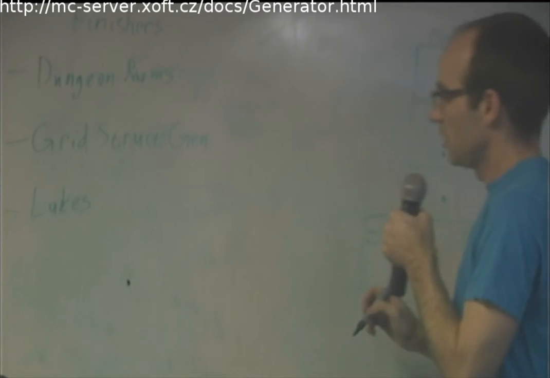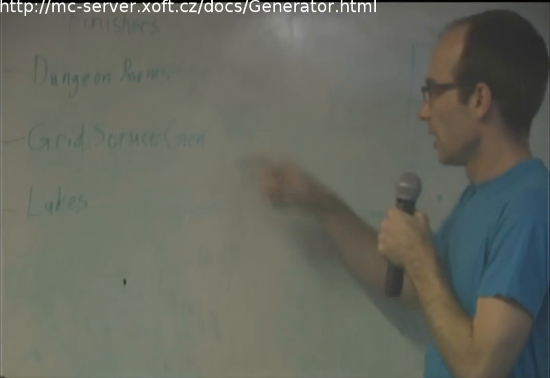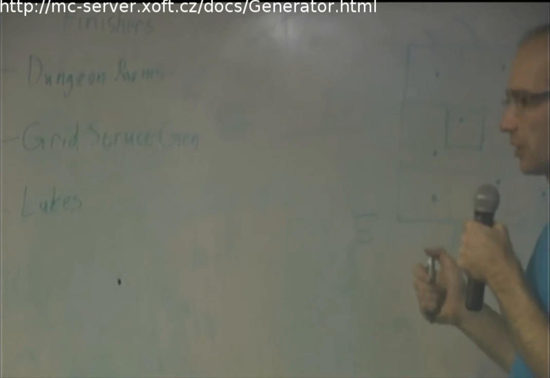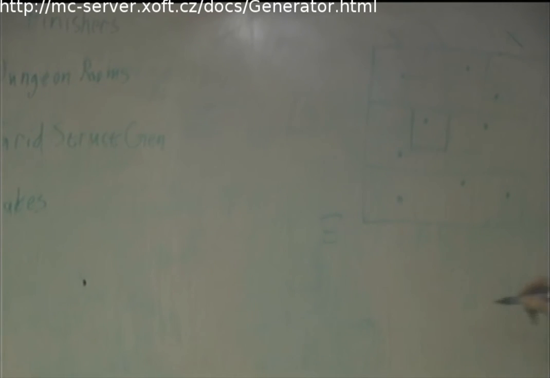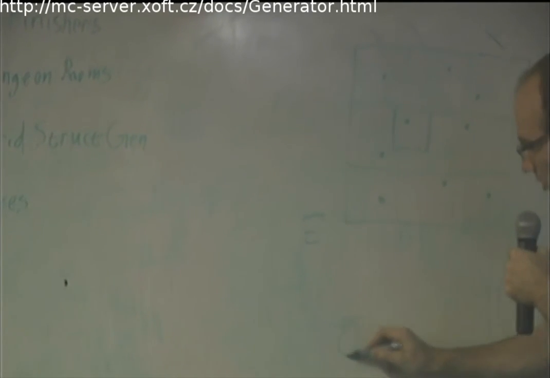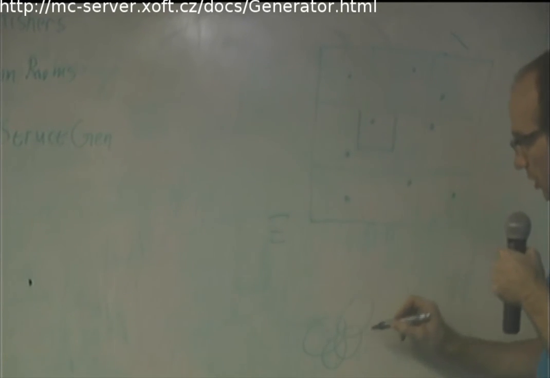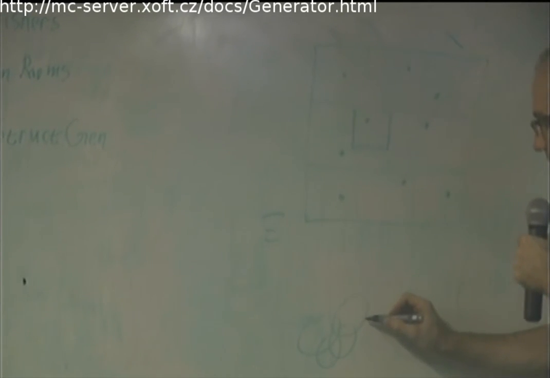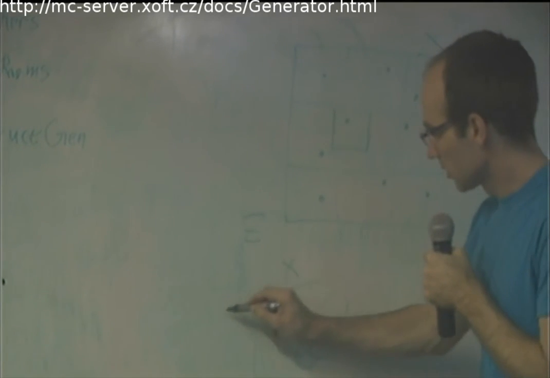This is one of the easier ones. Just like dungeon rooms, it picks a random spot in a chunk and generates a lake around it. A lake means I think 3 or 4 bubbles next to each other. Each bubble is generated randomly. This is an XZ view.